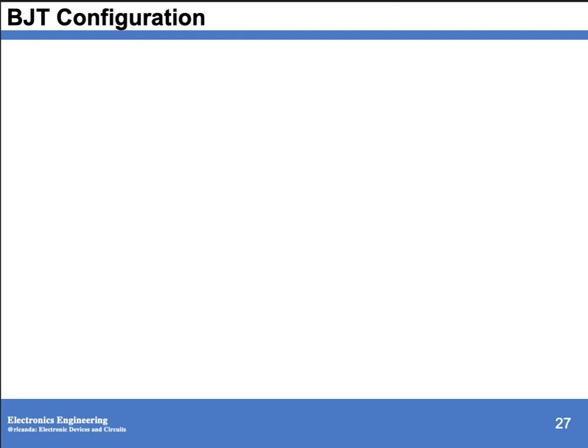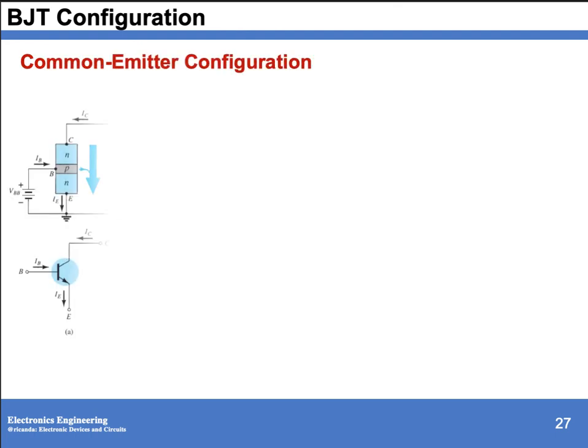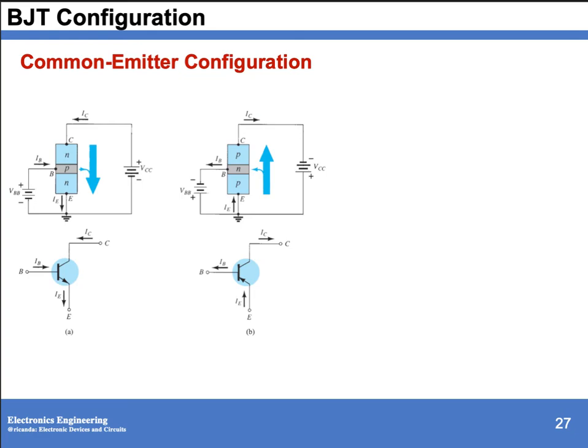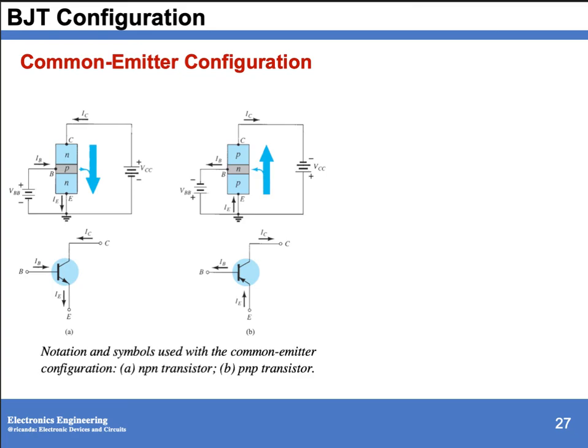For the common emitter configuration, we have this one. Your common is the emitter, your input now is your base, and the output is the collector. We have this notation symbol for the common emitter as an NPN and a PNP transistor.